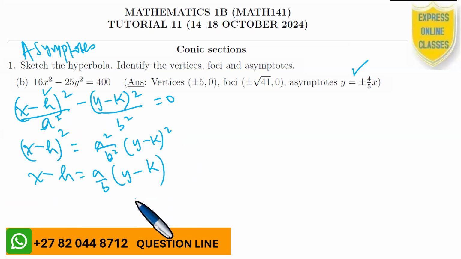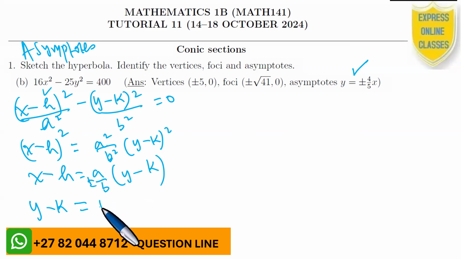This answers the question of whether it's always a over b or b over a. We make y the subject; always make y the subject. It would have been a over b all the time if x were the subject, but it's not like that. You can see the answer: this is going to be plus or minus.